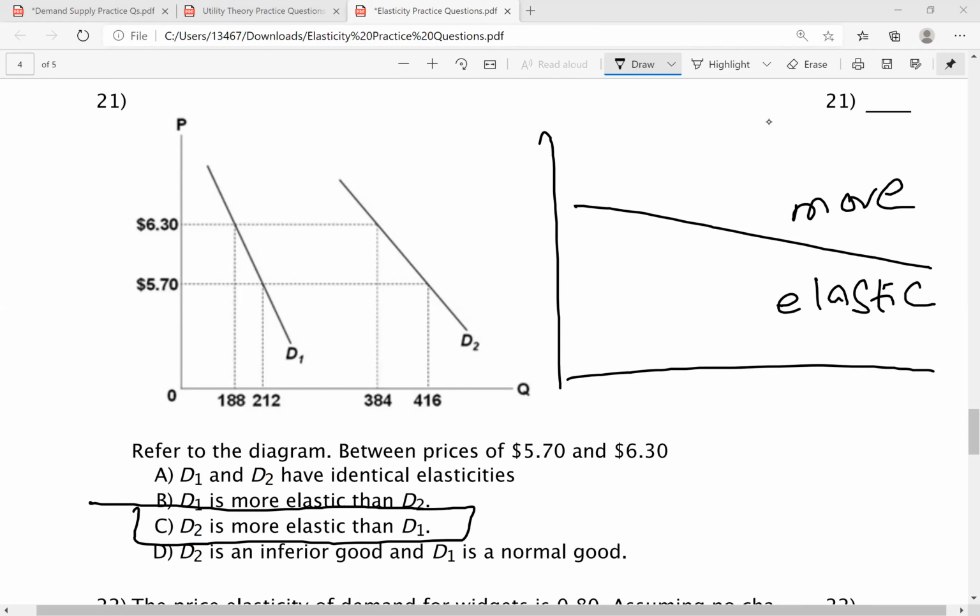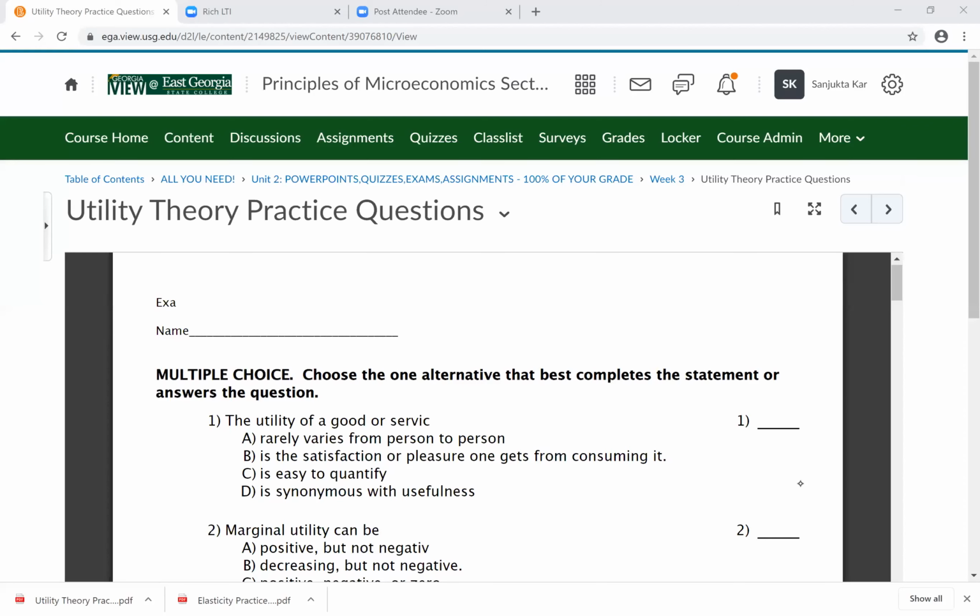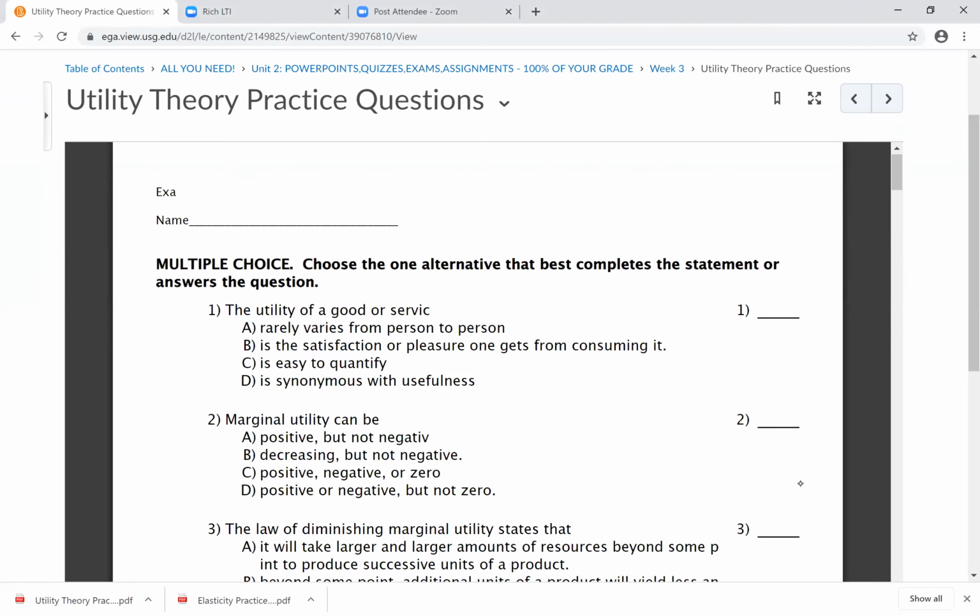Now I'm going to stop sharing this and look at the last set of questions. The last set of questions I have is on this chapter on utility theory. Let me show you the downloaded part here.